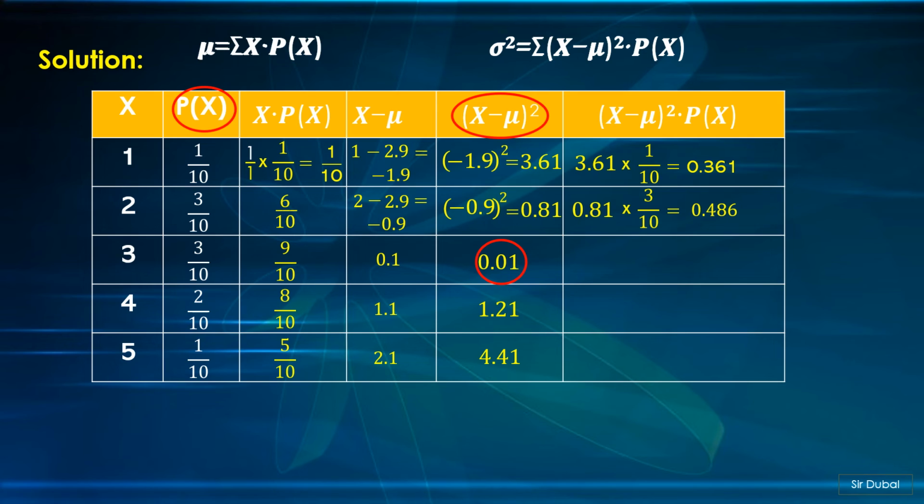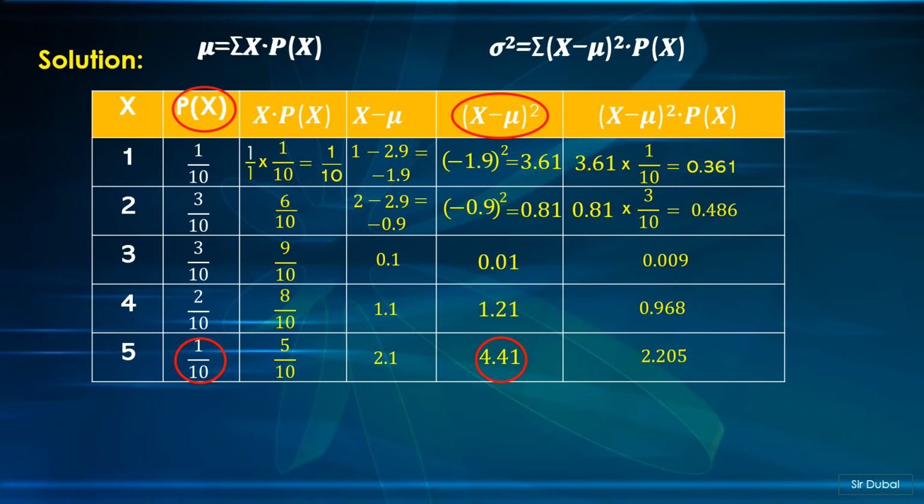Then for the next row, we have 0.01 times 3 over 10. The answer is 0.009. Then for the next row, we have 1.21 times 2 over 10. The answer is 0.968. And lastly, we have 4.41 times 1 over 10. The answer is 2.205.